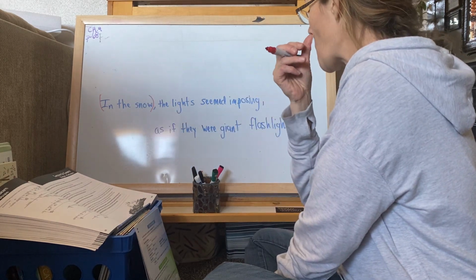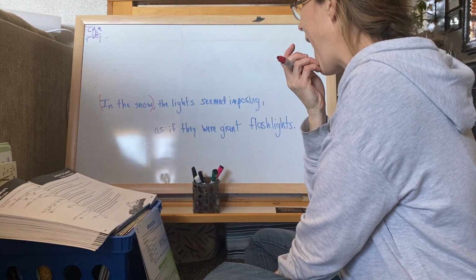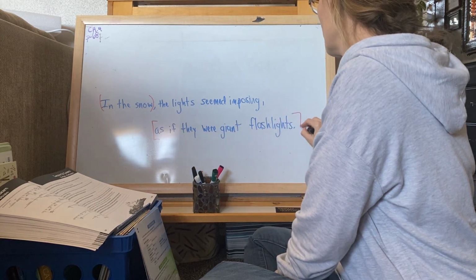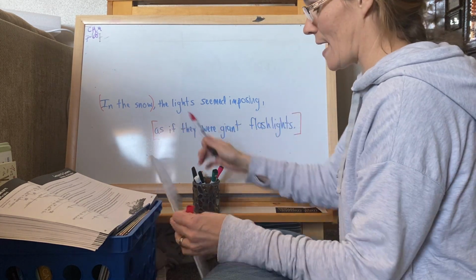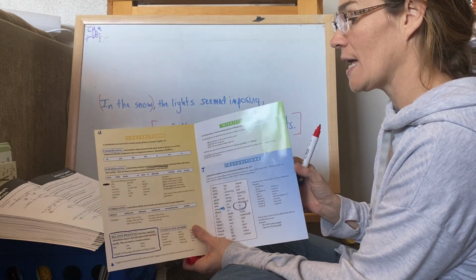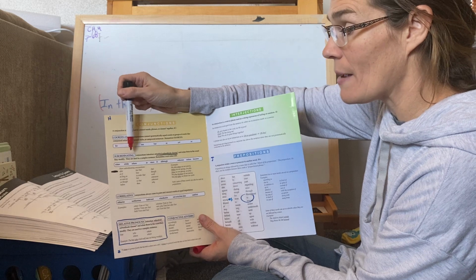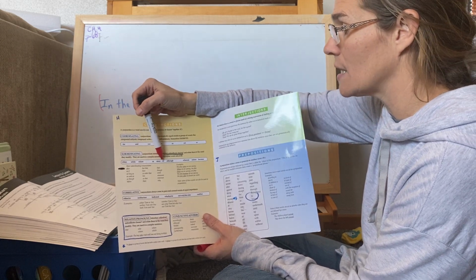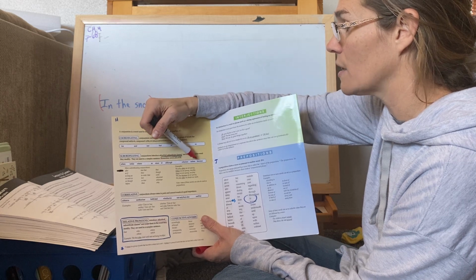Any clauses? As if, and we put that in brackets. I knew as if because here on chart H, our main subordinating conjunctions are when, while, where, as, since, if, although, unless, because.